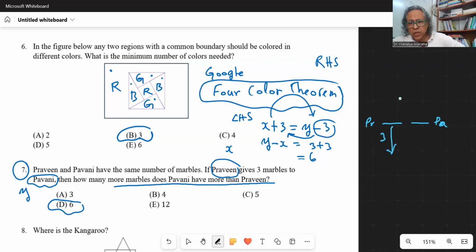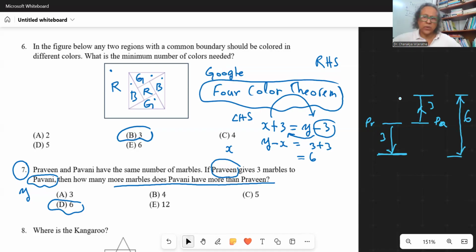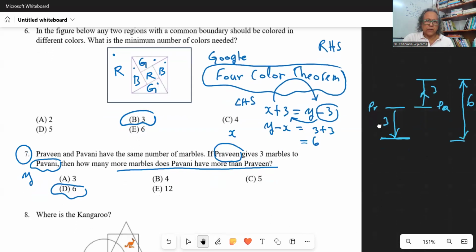Here's what Praveen has now, and then Pavani got 3 from Praveen, and her number went up to this level, and this is different, right? Pavani has this many more than Praveen, and that is actually 6. Okay, all right. So let's go to the next question, right?